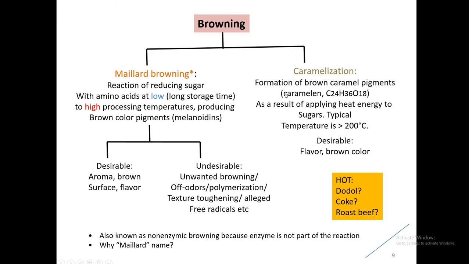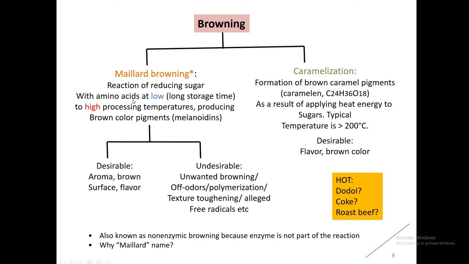There are two. I mean, you need to know this different because this is so fundamental in food chemistry. So for Maillard browning, you need reducing sugar. For caramelization, any sugar. It is also browning, but this one due to caramel pigment formation. But Maillard browning is due to, well, due to Maillard reactions.